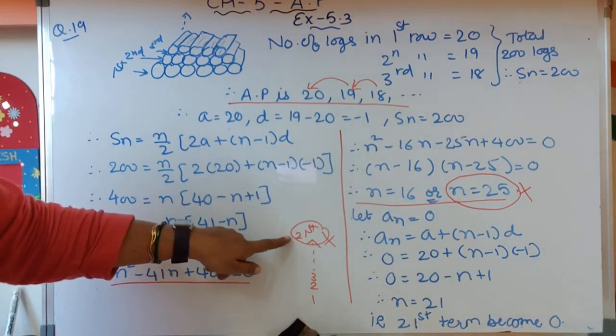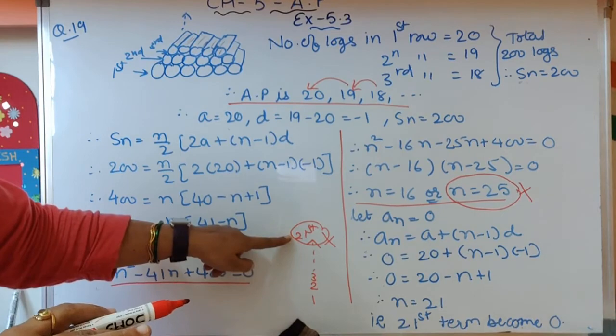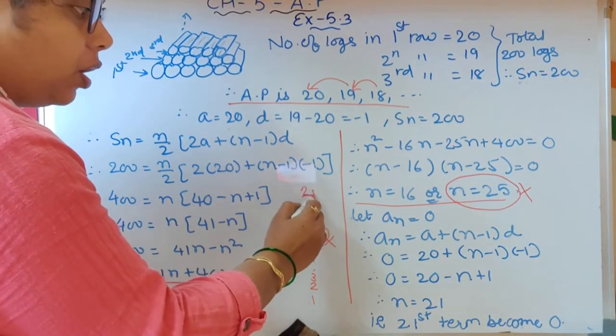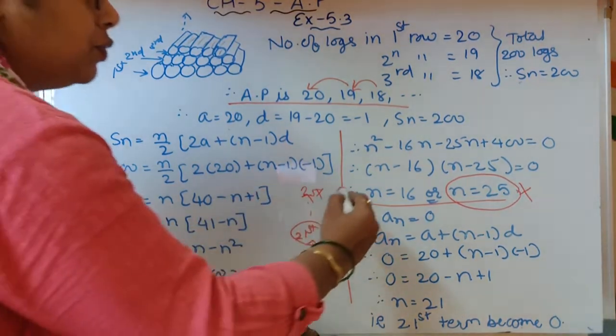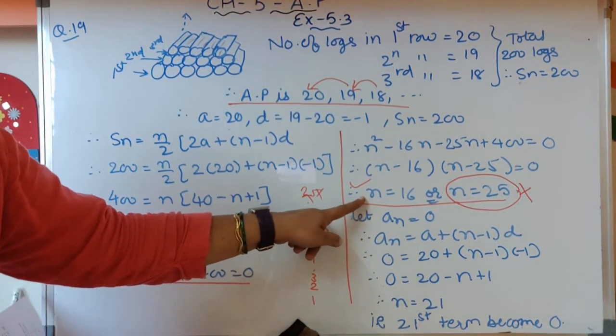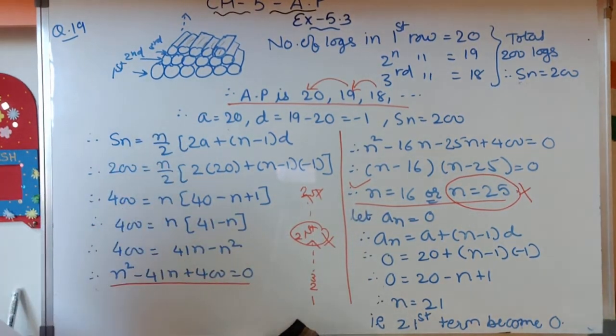It means if in the 21st row itself there is not even one log, going up to the 25th is not possible. It means we have to select n is equal to 16. I hope you are getting this. Okay, now see the next calculation.